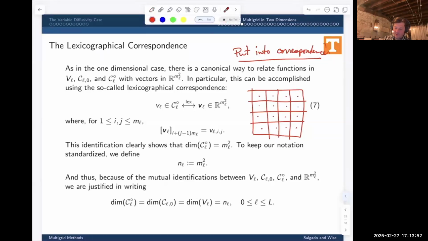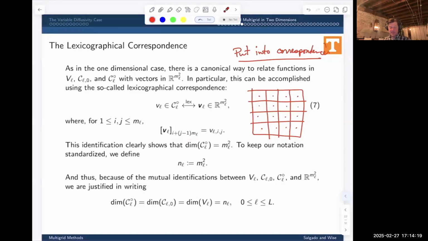Well, I'm going to count this way. 1, 2, 3, 4. I'm going to stop at 4, go up here and continue counting 5, 6, 7, 8. Stop there. Continue up here to count 9, 10, 11, 12, 13, 14, 15, 16. All right, so that's what this notation means. Basically, I'm going to count rows first, and then I'm going to count columns.